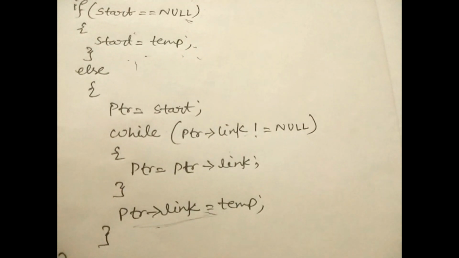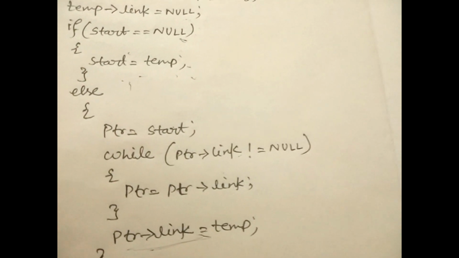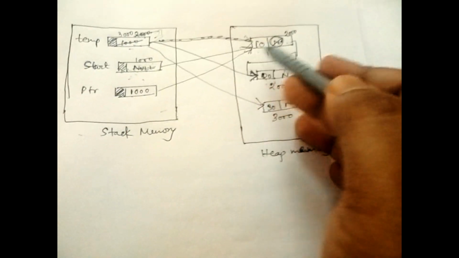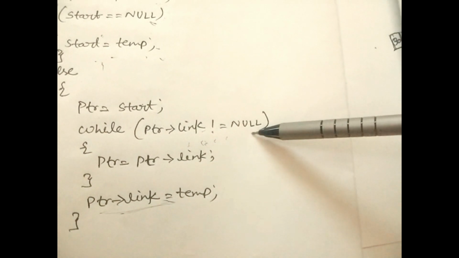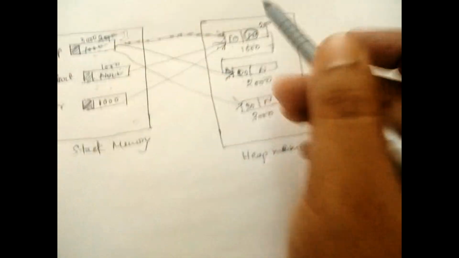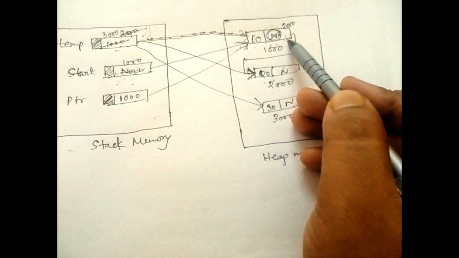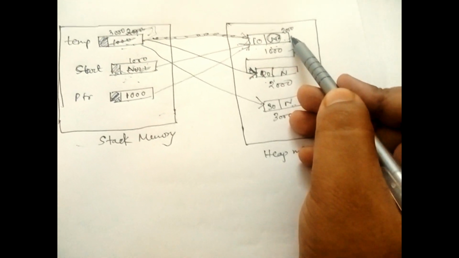That means ptr also points to the first node. Now check in the while, ptr arrow link not equal to null. Look here, ptr arrow link equal to 2000. So it is not null.